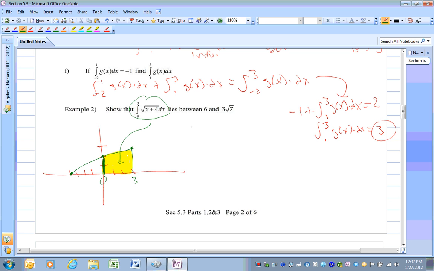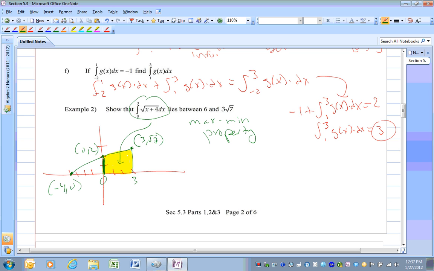So in this case, we want to use the max-min property. So if we think about it, this is -4, 0. That's at 0, 2. And what would the corners for this be? The top right corner, 3 comma root 7.